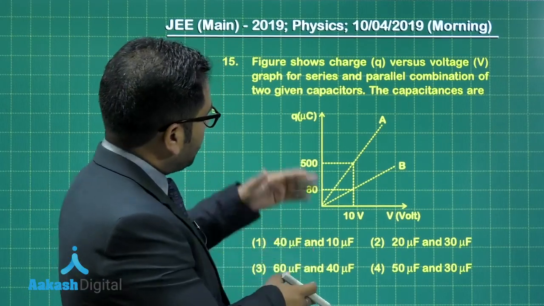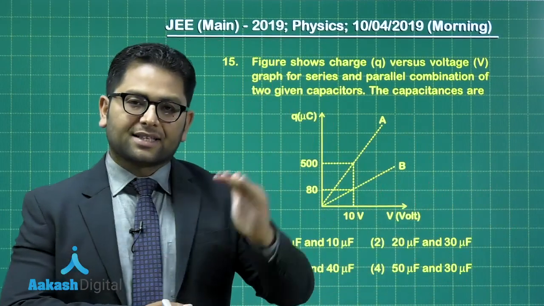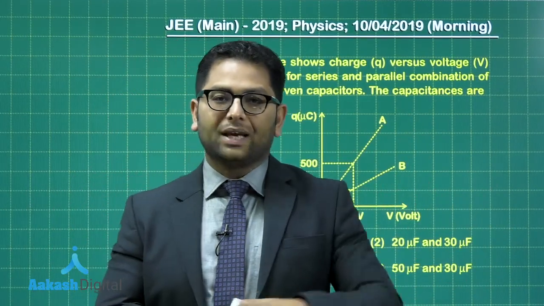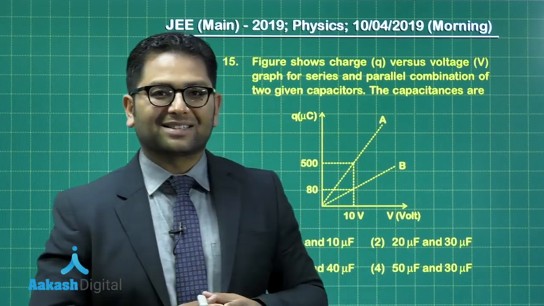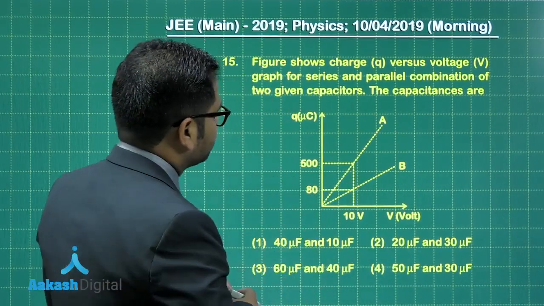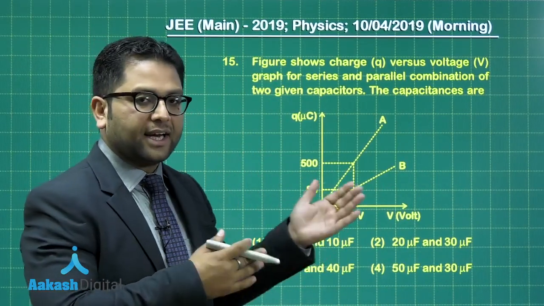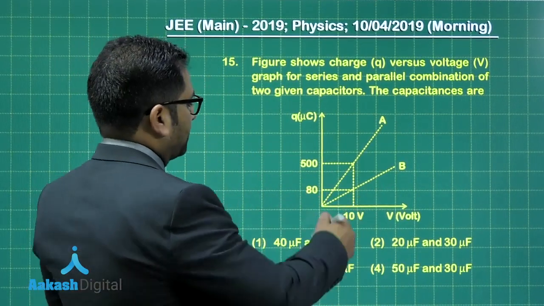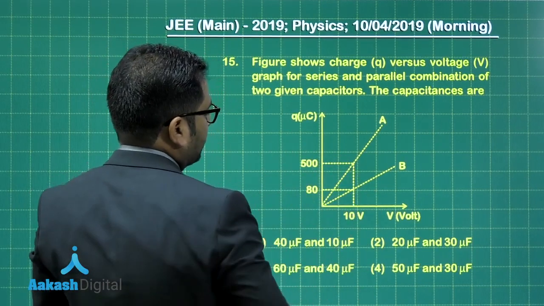The slope in graph A is higher as compared to the slope in B, therefore A should represent the parallel and B should represent the series, okay? And here it comes, Q equals CV, so C is the slope, and here that would be the net C. Now the first case, you could see that the slope is 500 by 10, which is 50.